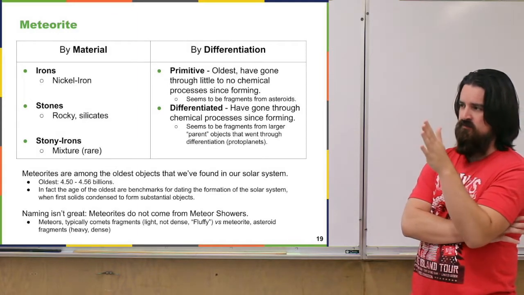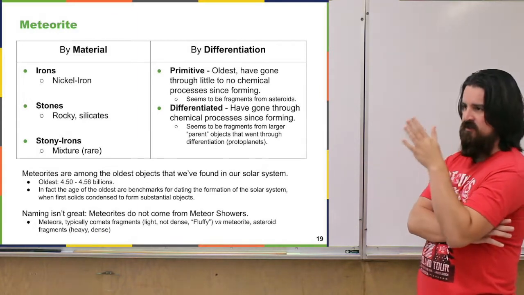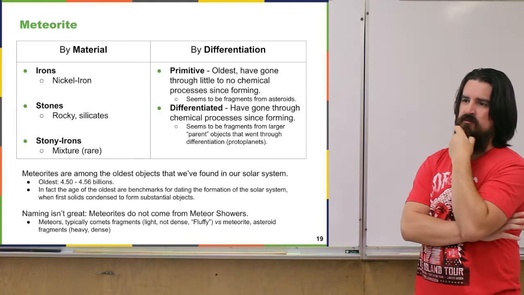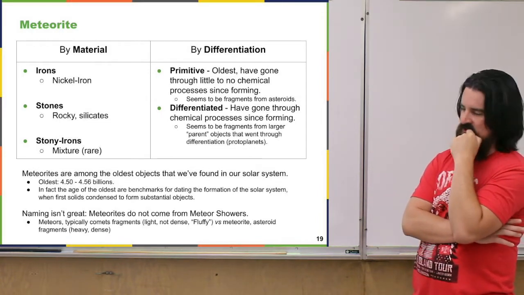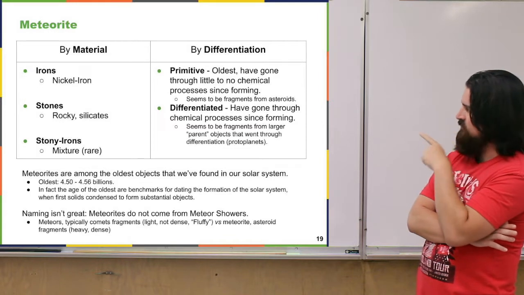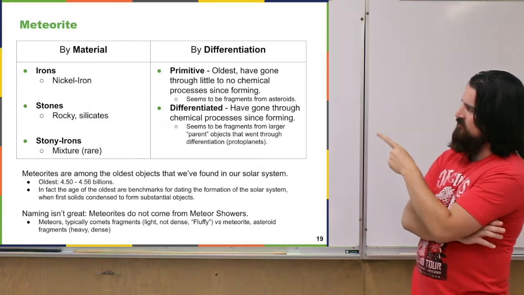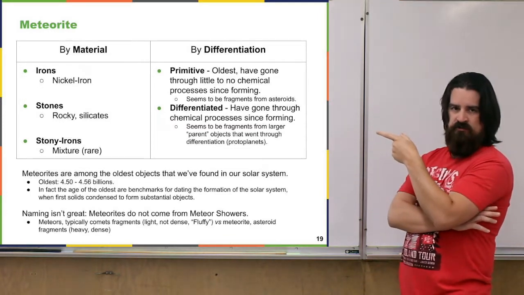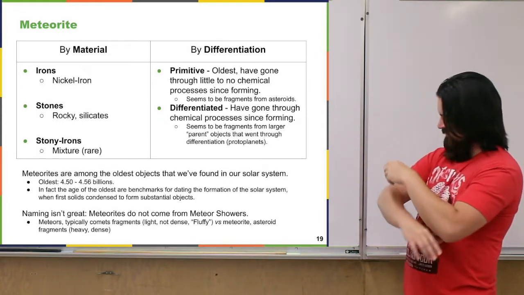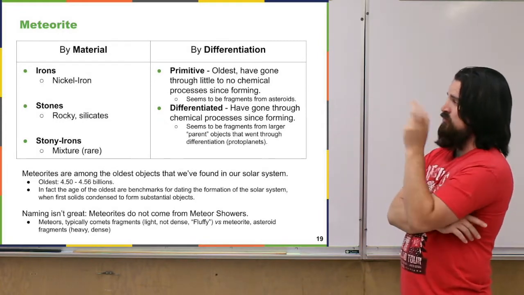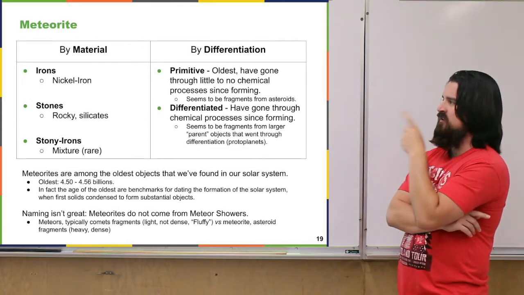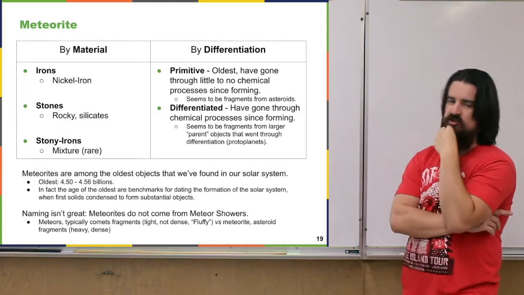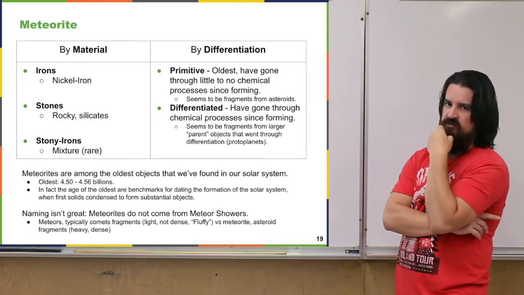There are multiple ways of classifying meteorites, different ways that people come up with. These are two of the main ones, two of the ones that the book presents, so we'll talk about those. One way of classifying them is by the kind of material they're made of. That classification breaks down into the irons, iron being a metal, and those meteorites are mostly made of metals, particularly nickel and iron.